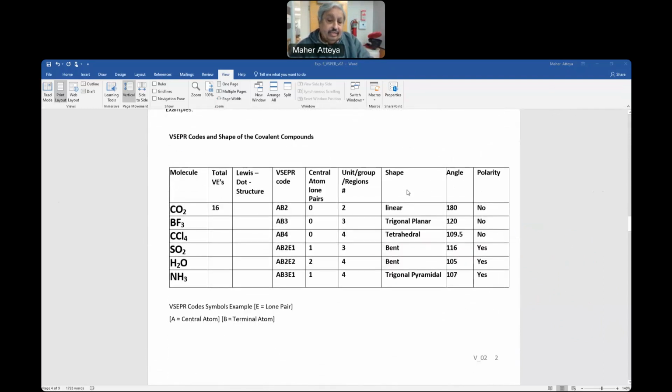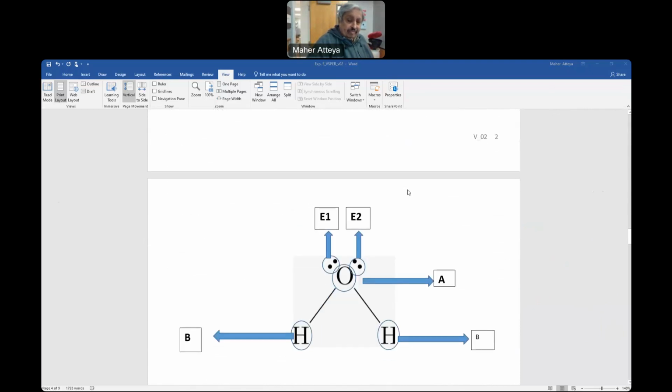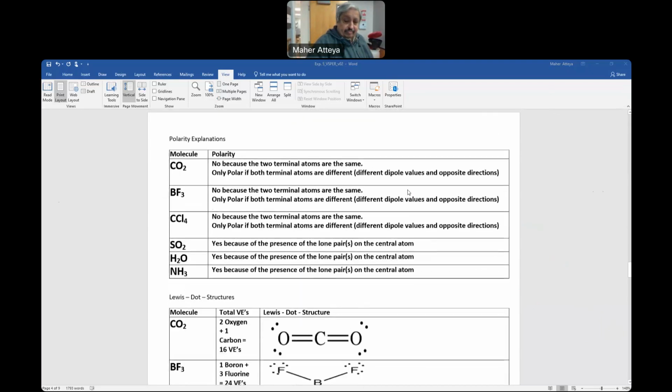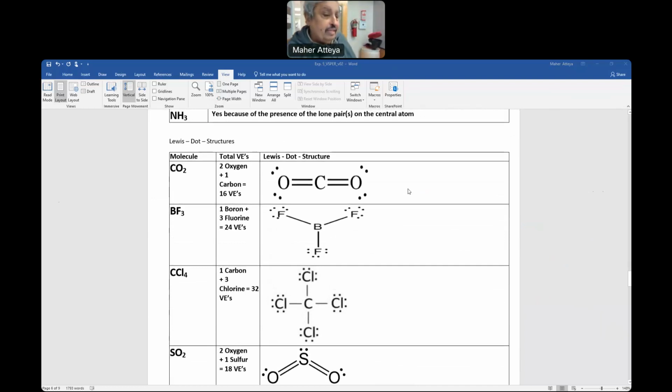You can read the rest of this, but I give you examples of the whole thing here, all the code, but I am interested in this one here. Look at carbon dioxide. That's the molecule.